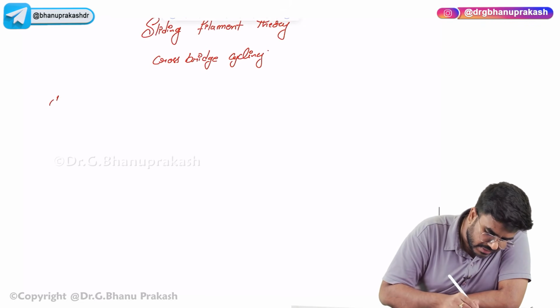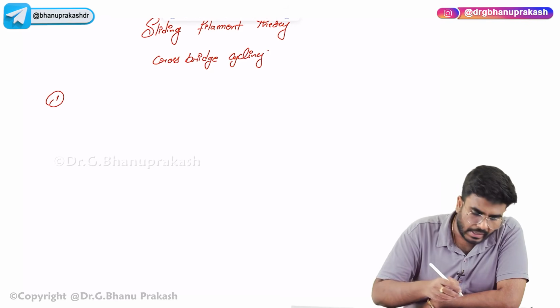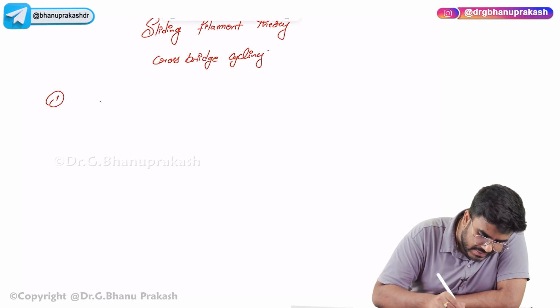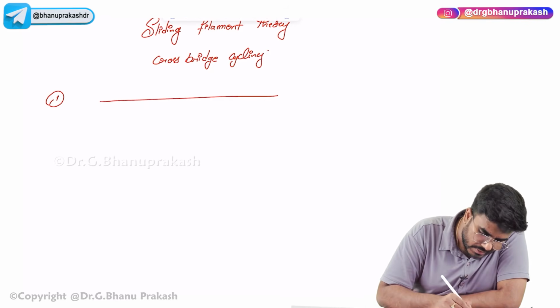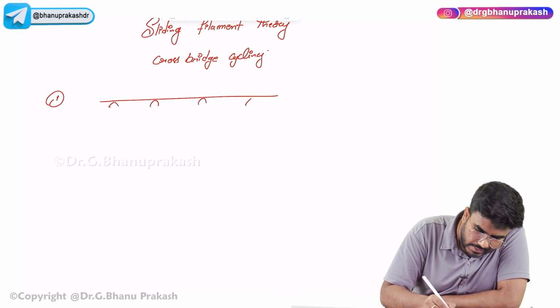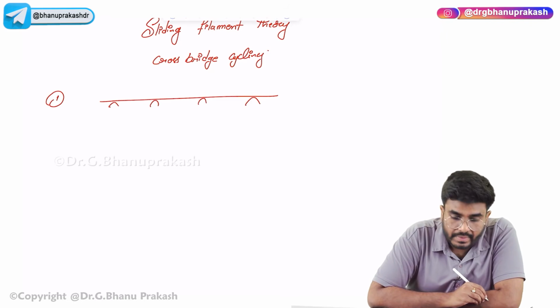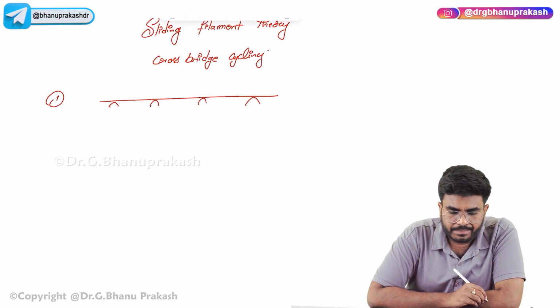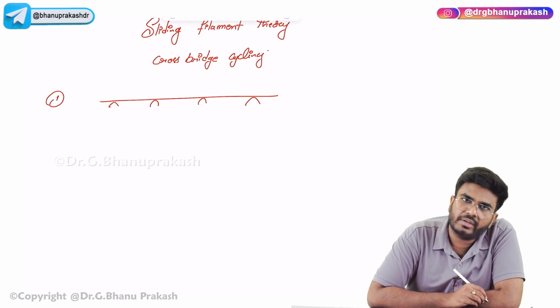Now what exactly happens? See, let's say this is the actin filament. Who is exposed on the actin filament? Now the active sites are exposed.